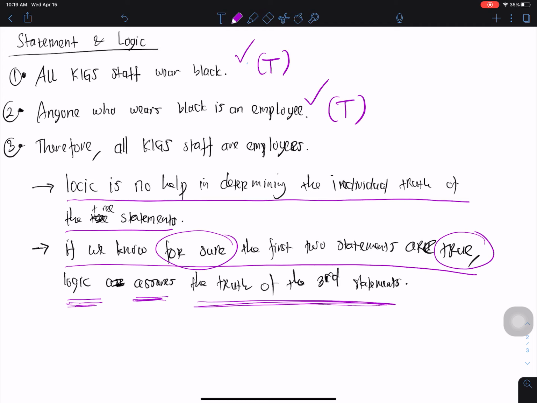Can you conclude now? Therefore, all KIGS staff are employees. So with the help of the first and second statements, can you tell whether the third one is true or false? Yes, definitely it is true. So this is where logic can help us. But in determining individual truths, it's going to be a little bit difficult.